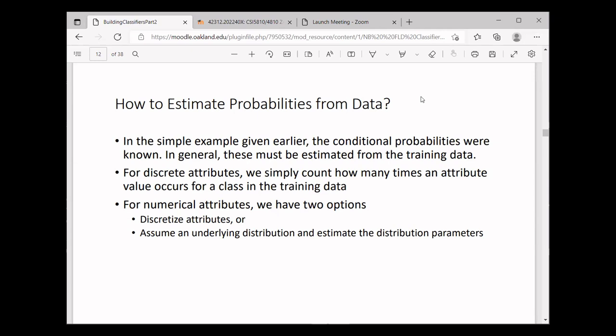Now, when you collect data, the attributes might be discrete or binary, as we had in the previous example, or they might be continuous attributes. Depending upon the nature of the attribute, you will estimate the probabilities accordingly.